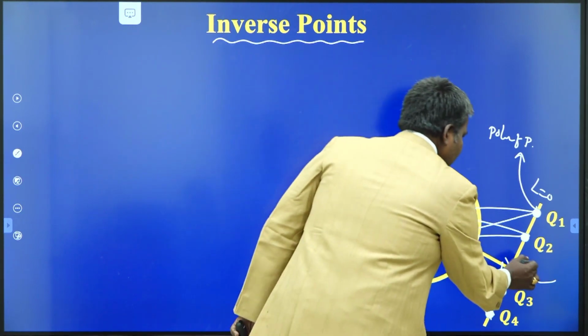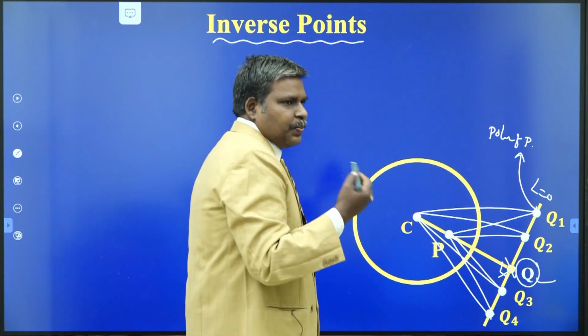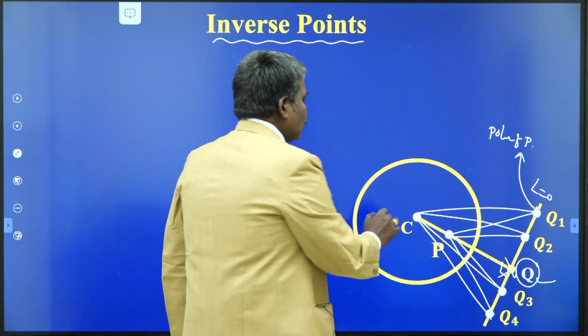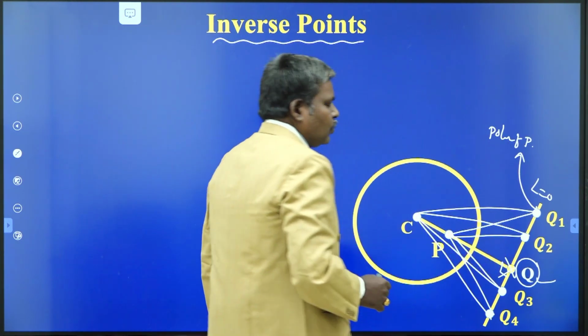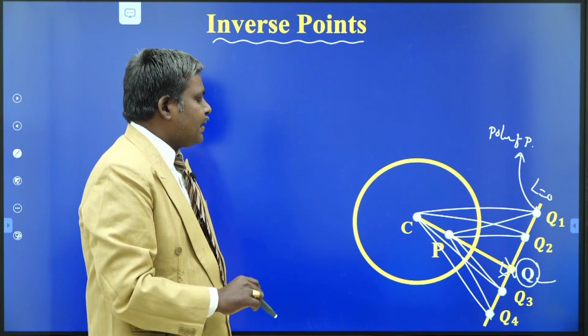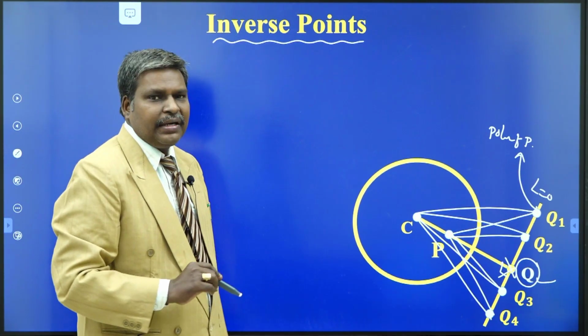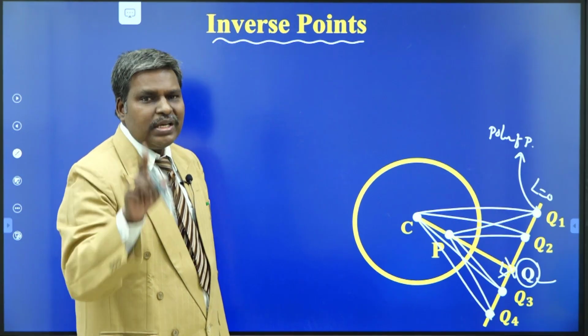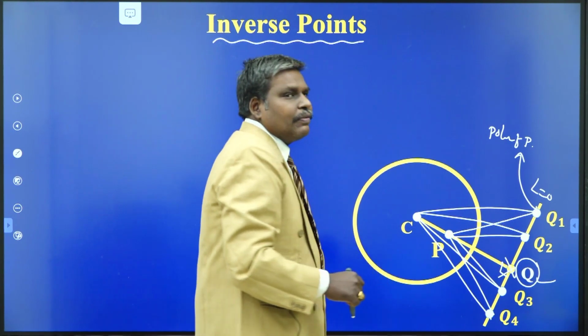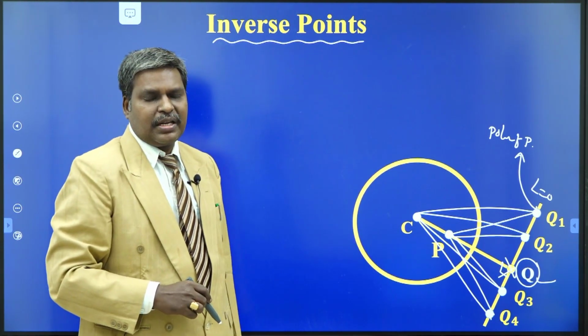Even though this is also a conjugate point, it satisfies another condition, that is, it is collinear with CP. So, conjugacy with collinearity is satisfied by that point. In this case, we say that the two points P, Q are inverse points with respect to the circle.